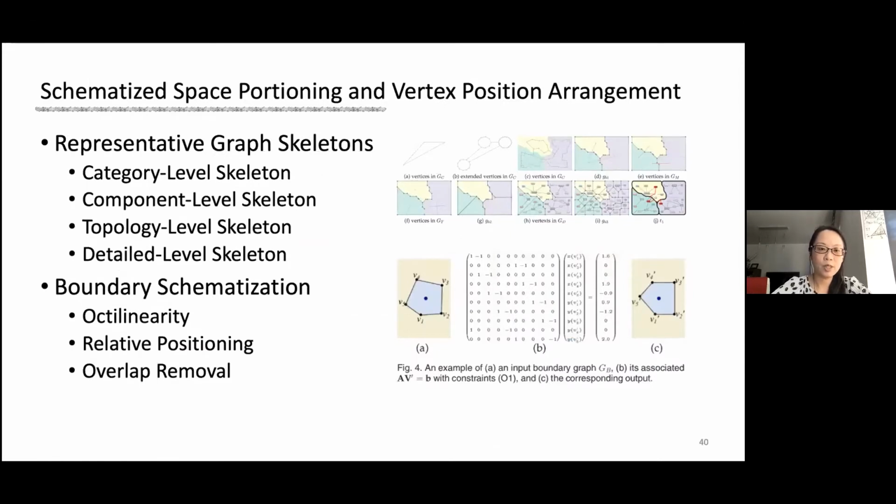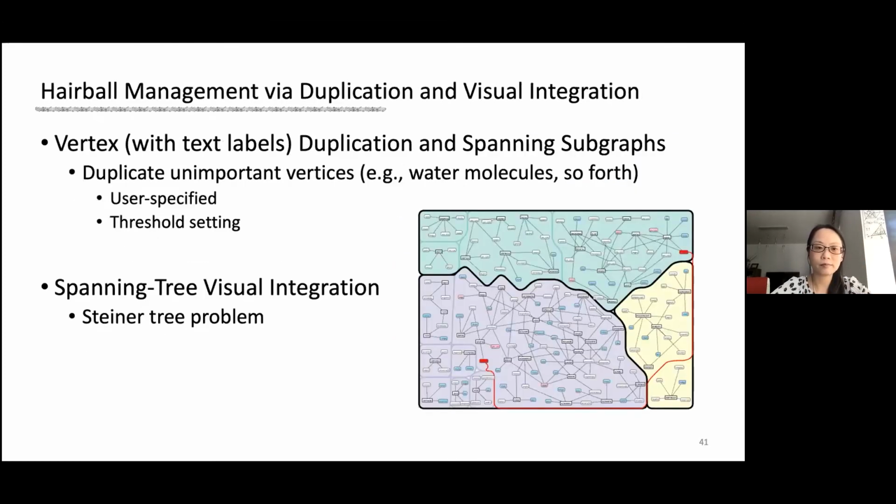And this has been done again by incorporating several representations, and the boundary optimization is done by introducing a concept like the metro map representation. So we constrain the boundary into octilinear orientation, like 0 degrees, 45 degrees, and 90 degrees.